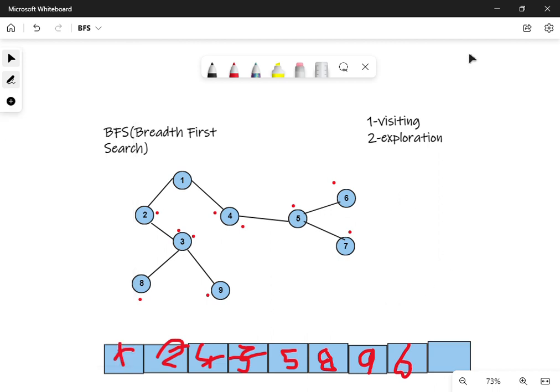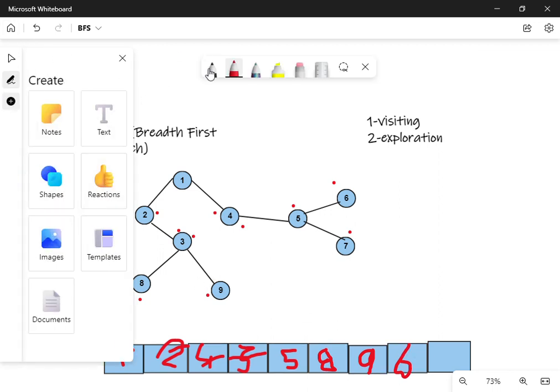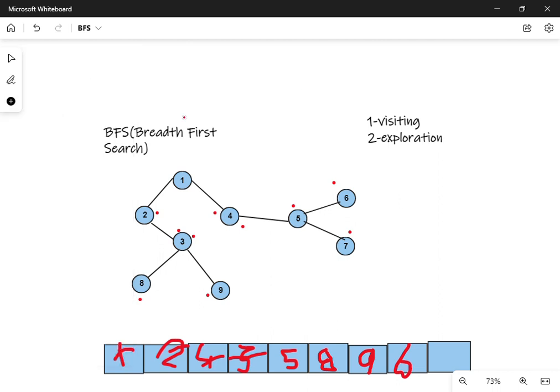So right here 6 and 7. So 5 is completely explored now. Now 8 is our next selected vertex. The adjacent vertex of 8 is only 3, which was already explored, so cut 3. Same as for 9. The adjacent vertex of 9 is only 3, which was already explored.